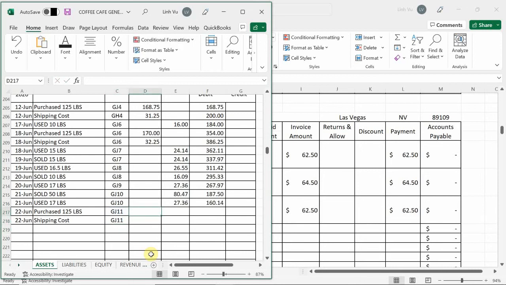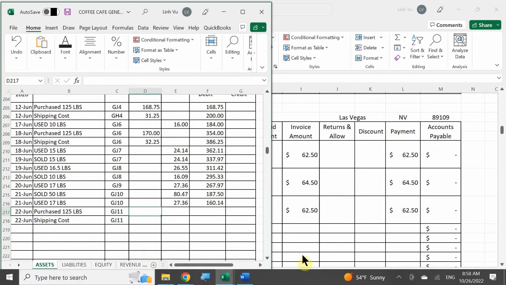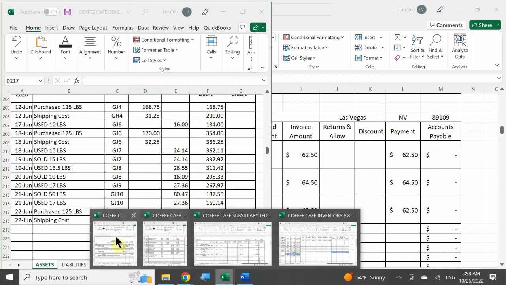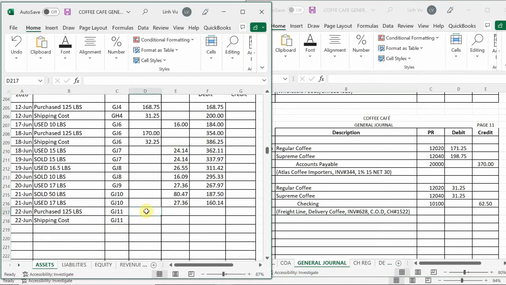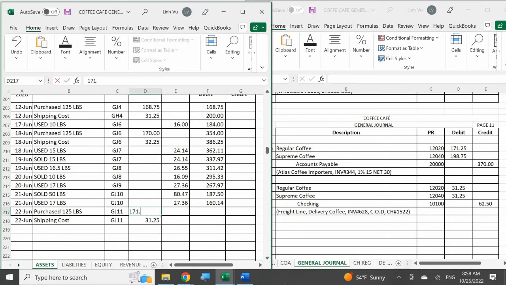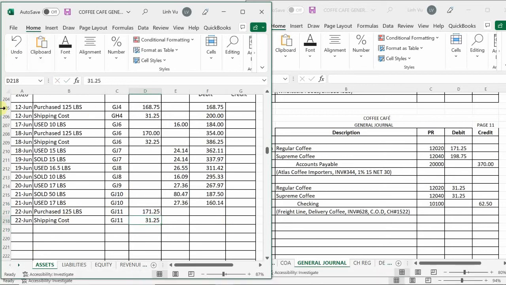How much of each did we purchase? 125 pounds, and the shipping cost is 32.25. I cannot put quantity in my journal. So how much did 125 pounds cost me? 171.25. So therefore, what is my grand total account balance in my regular coffee?